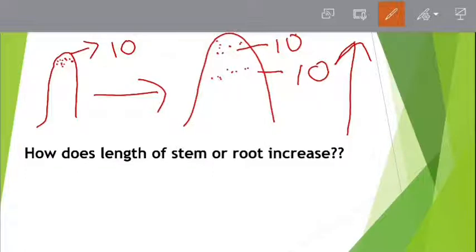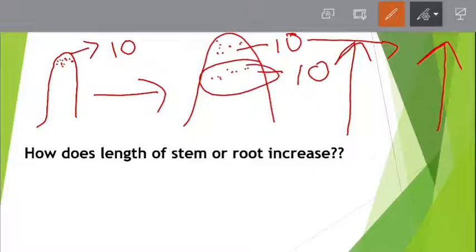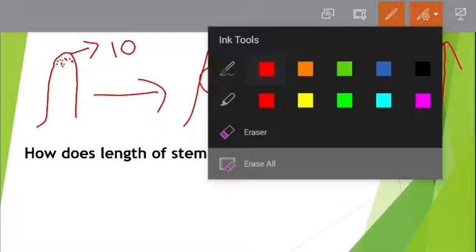increases. Now these 10 cells will again grow and the length will increase further, but these 10 cells will not grow. They will become permanent cells and do other functions like storage, etc. So this is how the length of the stem increases.